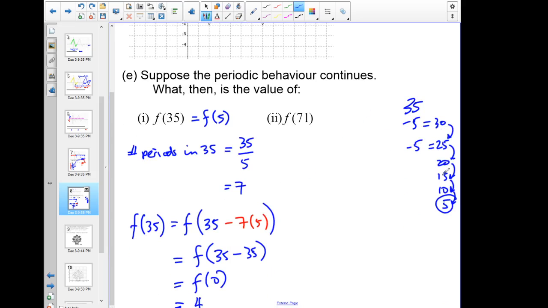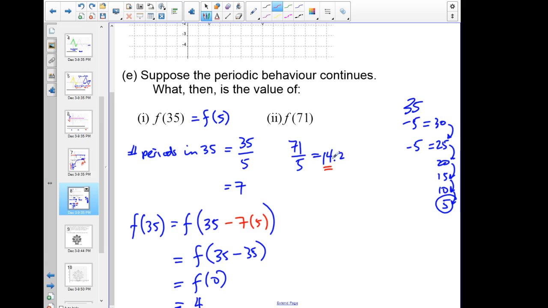Rather than going through this brute force method this time, why don't we look at the same thing here? Let's take the number 71 and divide it by 5. Now, there's a couple of ways you could do this. If you went to a calculator, you would end up with 14.2. So the key that we want to use here is only the whole number of periods.